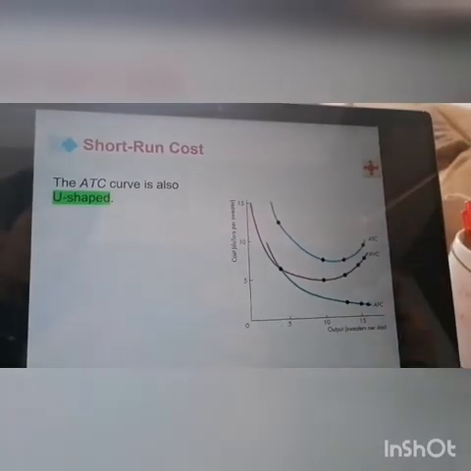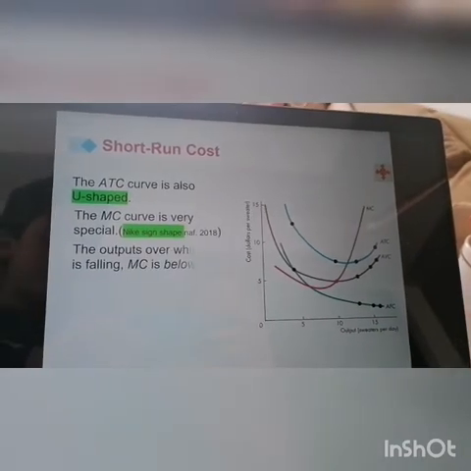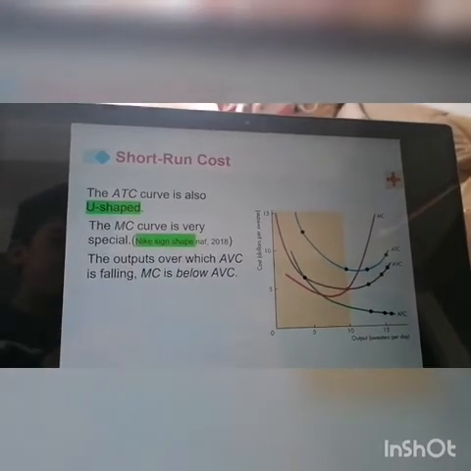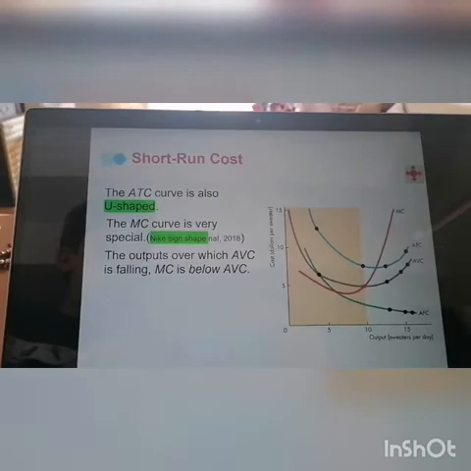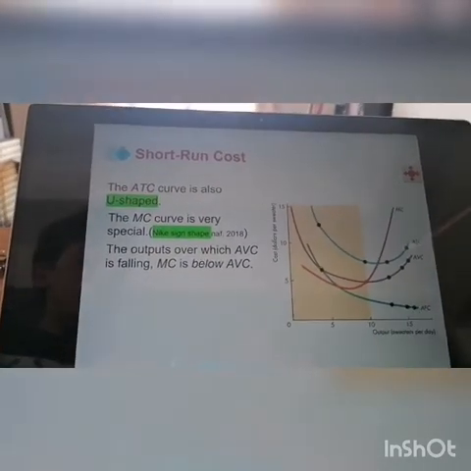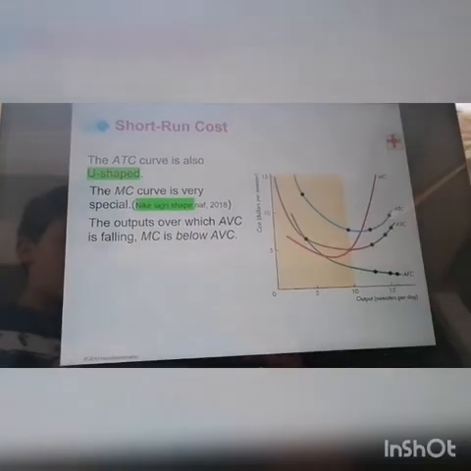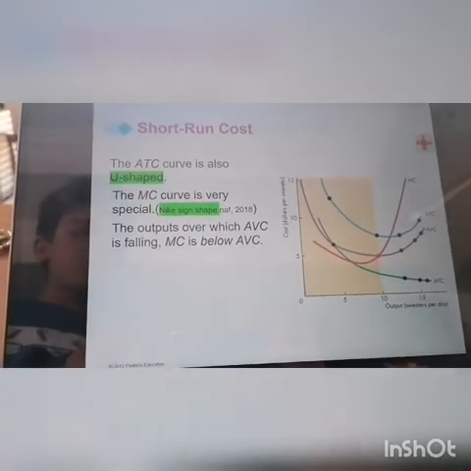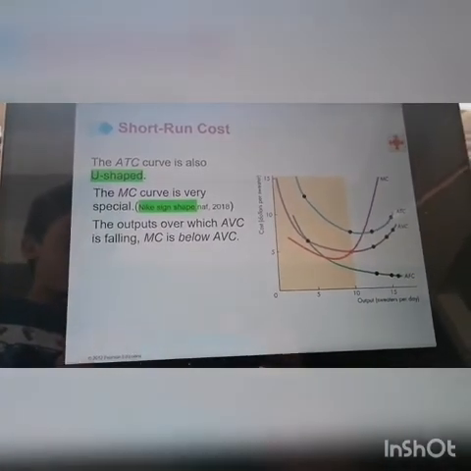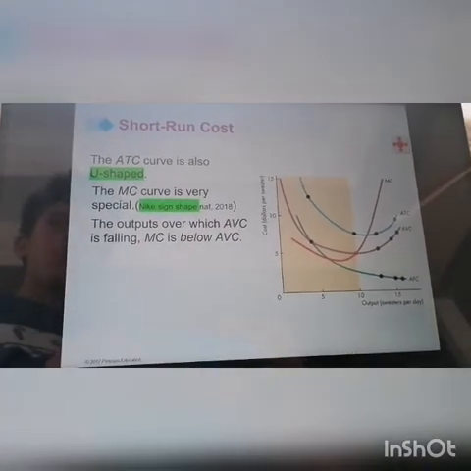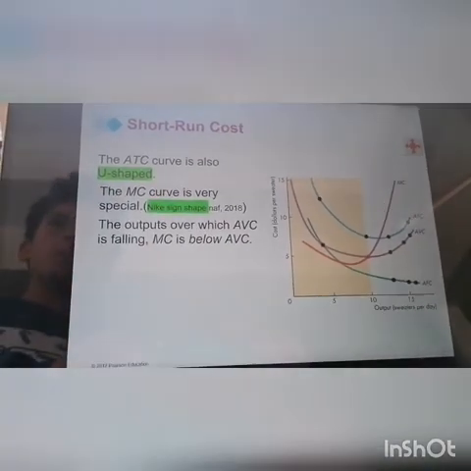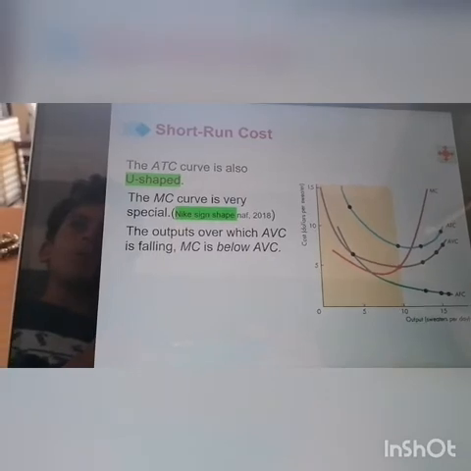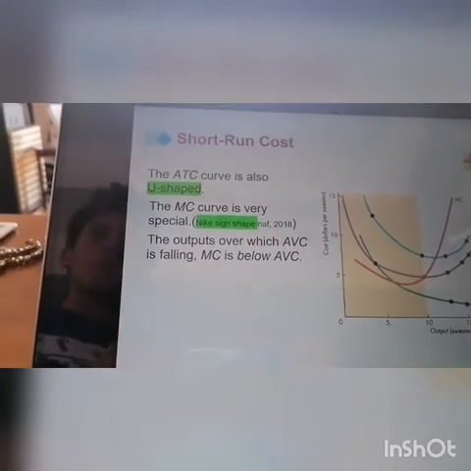Why is the AVC U-shaped? Because remember in production when I told you that the marginal product is first increasing and then decreasing, and it first pushes upwards the average product, then it is pulling it downwards. Here the same, but in a mirror shape.